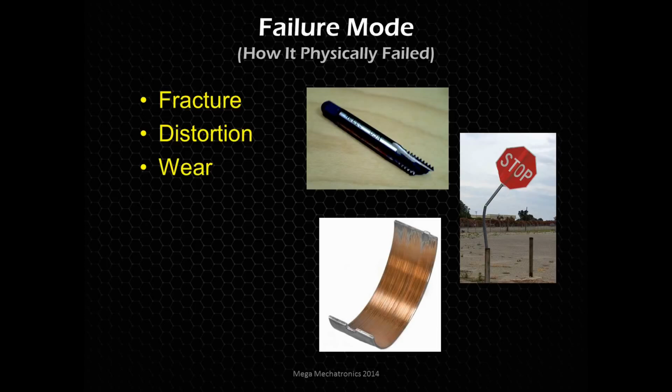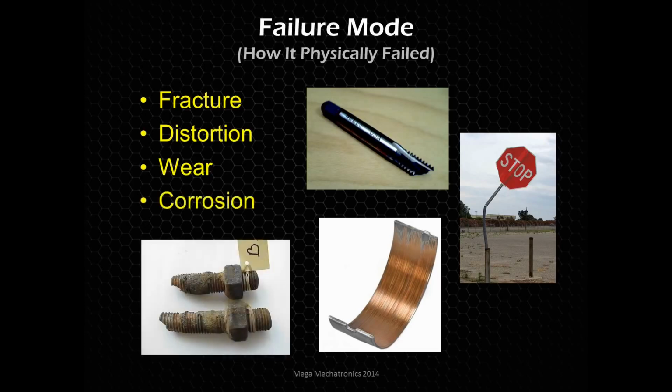And then you overstress it and it breaks. So wear can lead to failures and inefficiencies and catastrophic failures as well. And corrosion can definitely lead to excessive wear, distortions, and most likely fracture.